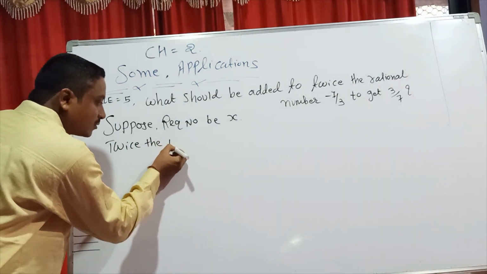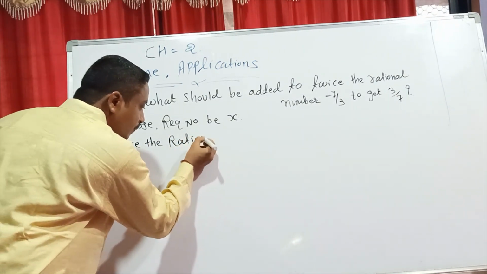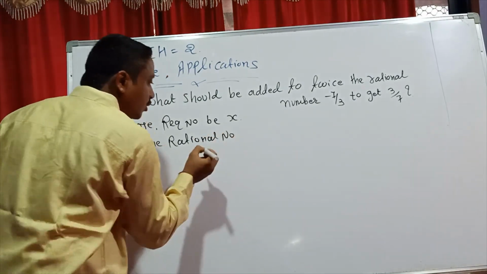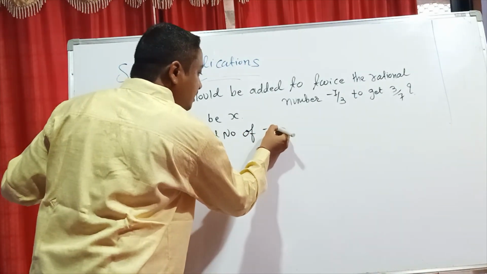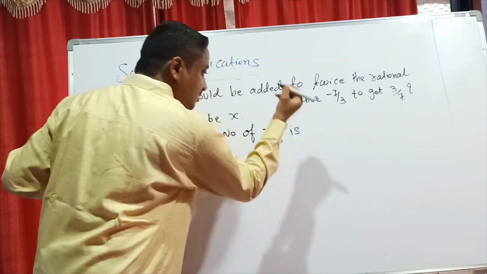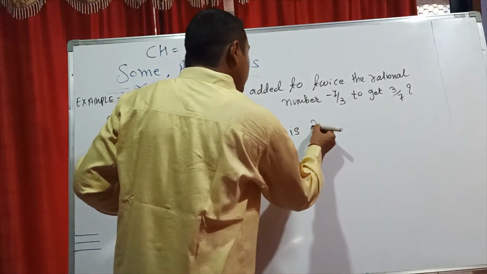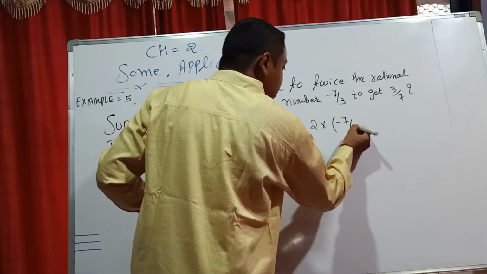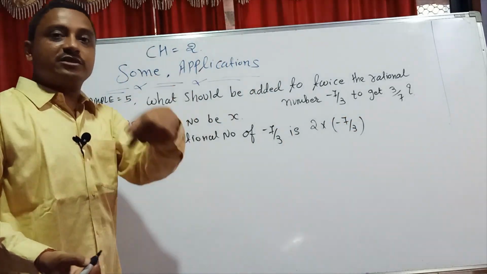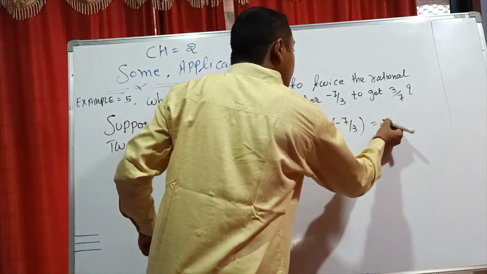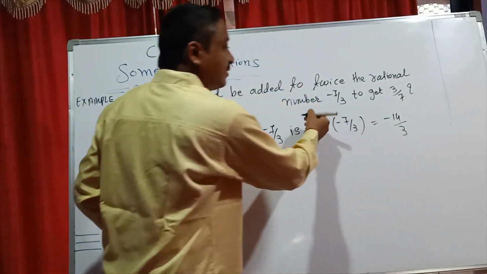Twice the rational number minus 7 by 3 means 2 into minus 7 by 3, which is minus 14 by 3.